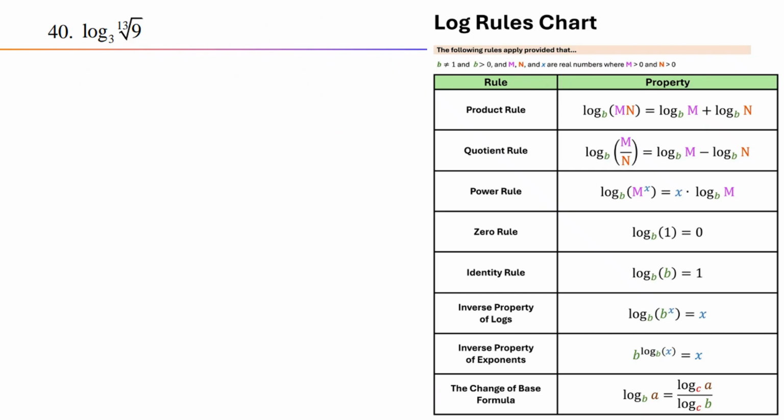So one more question similar to the previous one. So we have base 3, this is 9. So I can use the inverse property of log. It's log base 3. Now I'll rewrite the 13th root of 9. 9 is 3 squared, and then we have the 13th root.